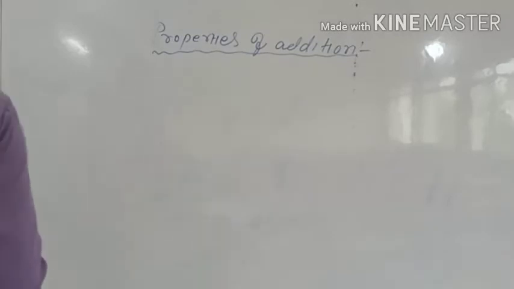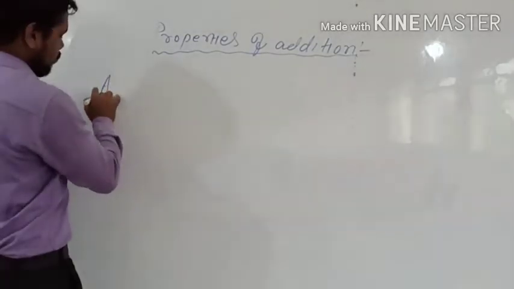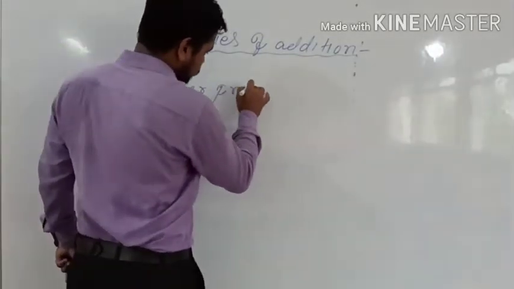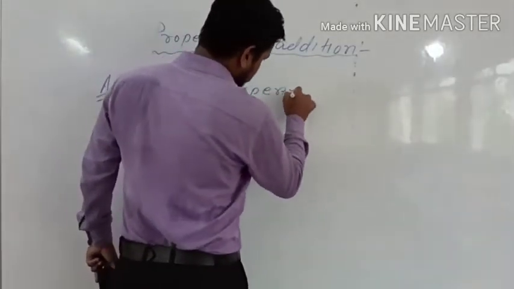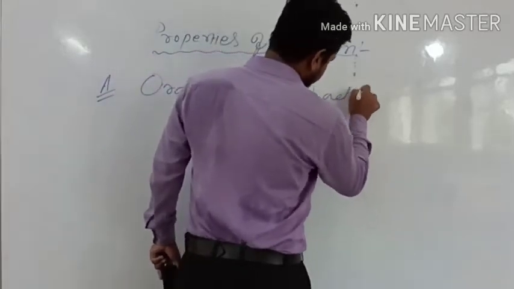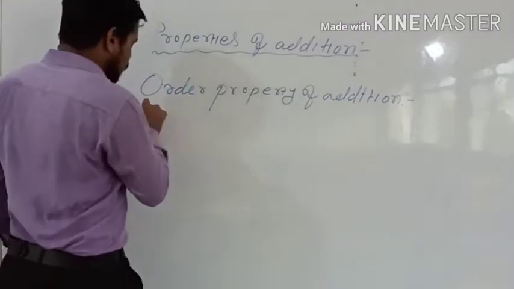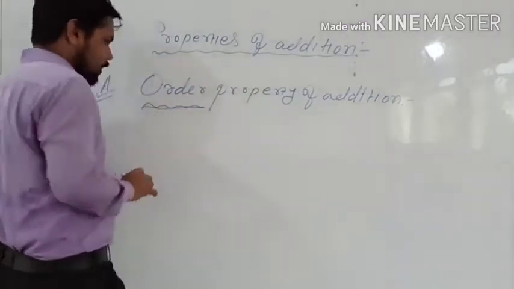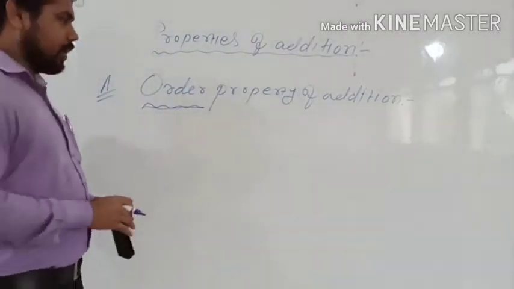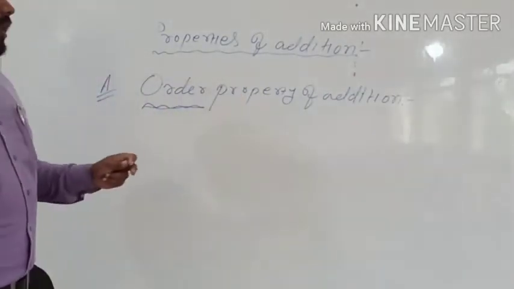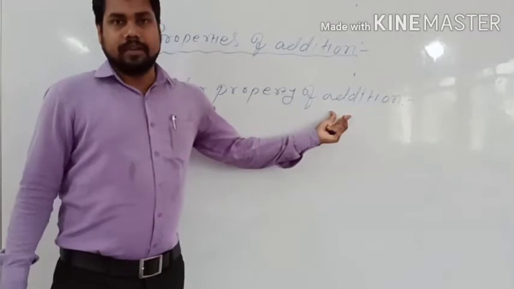So first property which we have is order property of addition. From the word order you can understand, order means arranging the numbers. Okay. So this property says that in addition order doesn't matter.